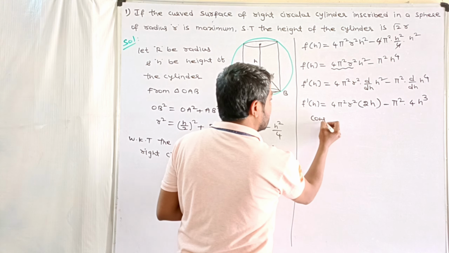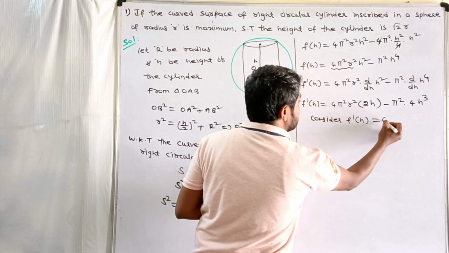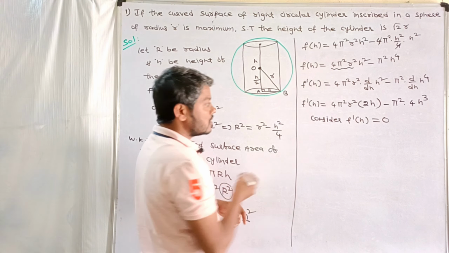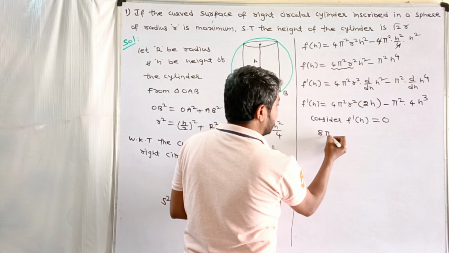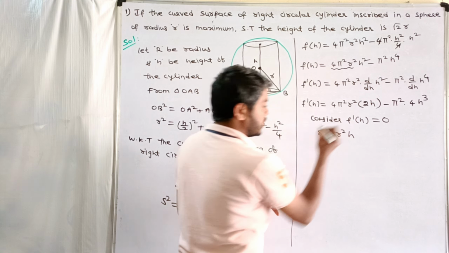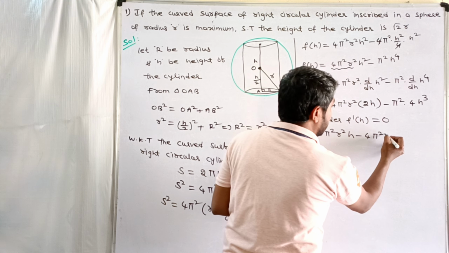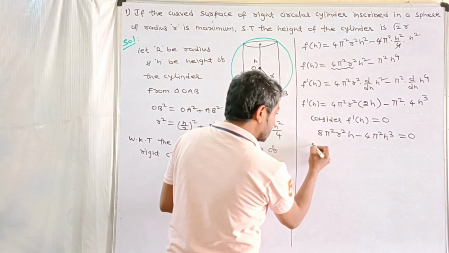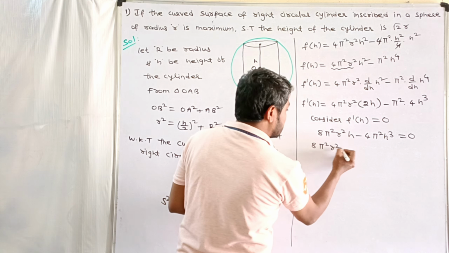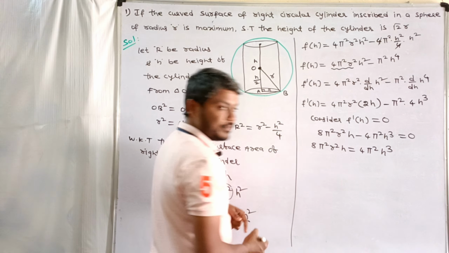Now consider f dash of h equal to 0. So what is f dash of h? 4 into 2, 8π²r²h minus 4π²h³ is equal to 0. From this, 8π²r²h is equal to 4π²h³.